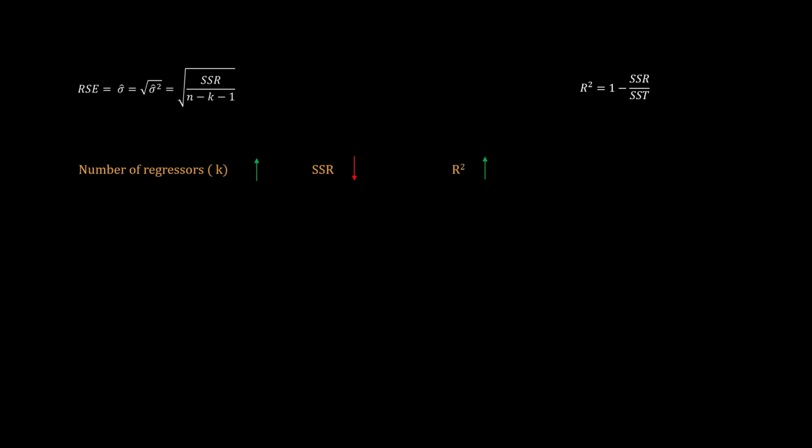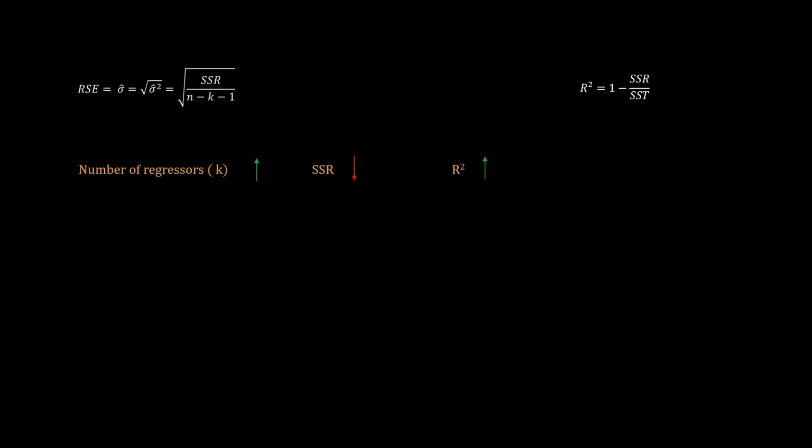However, there is a catch. When more variables are added to the model, the explanatory power increases. Therefore, the sum of square residuals, which is the unexplained variance, will decrease. This in turn will increase R-square because SSR falls. Even if we add irrelevant variables such as newspaper in our advertising budget example, R-square will still go up, giving us a false sense of model improvement.